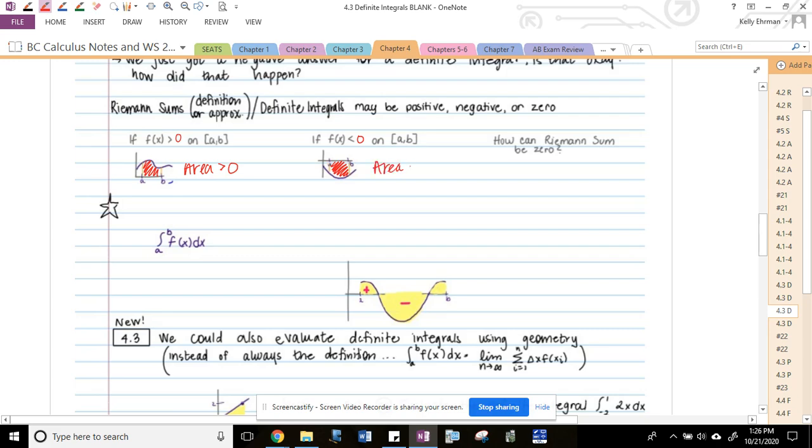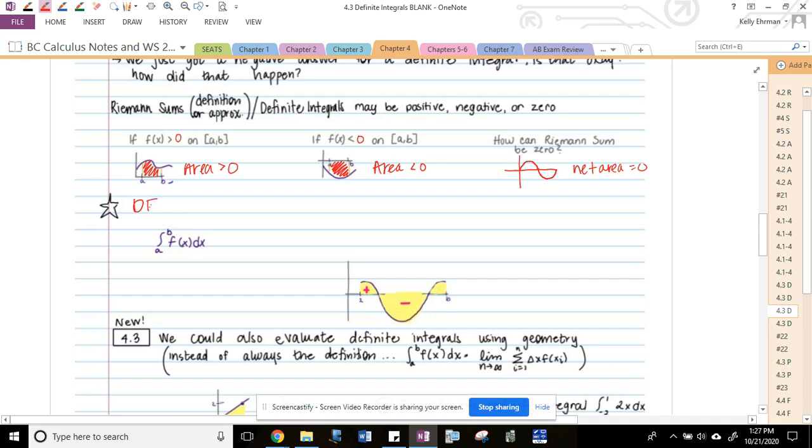The area will be less than 0. And a Riemann sum could be 0 if you have part of the function above the x-axis and then an equivalent area below. I drew mine symmetric, but again, it would just have to be that the net area comes out to 0. So I'm going to say net area equals 0.